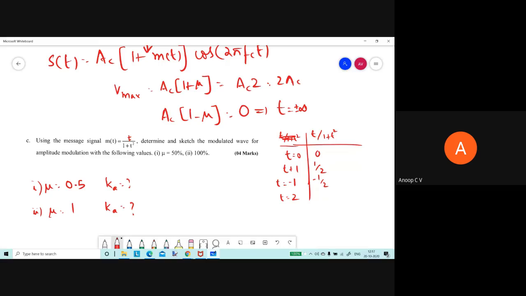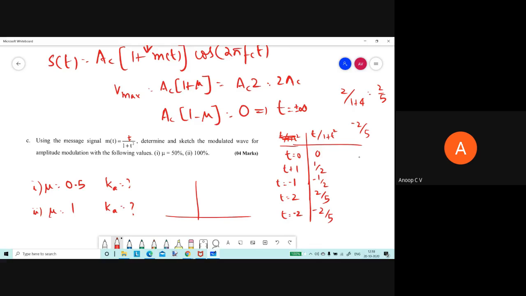You can find maybe 2 more values. t equal to plus 2, it will be 2 by 1 plus 4, that is plus 2 by 5. And t equal to minus 2, it will be minus 2 by 5. So you can see this should be an odd function.